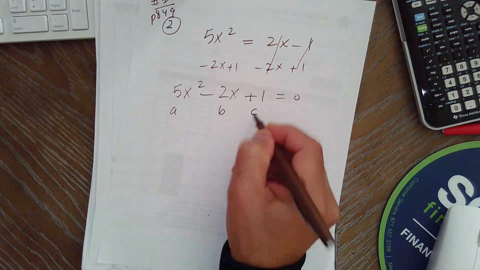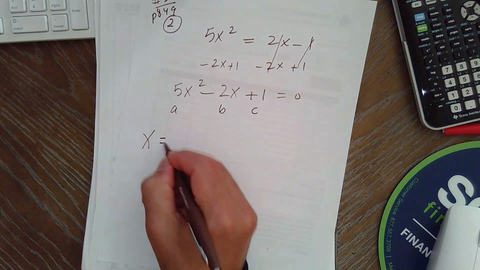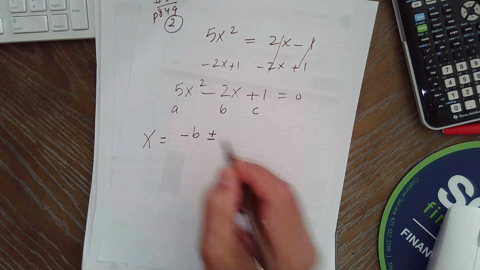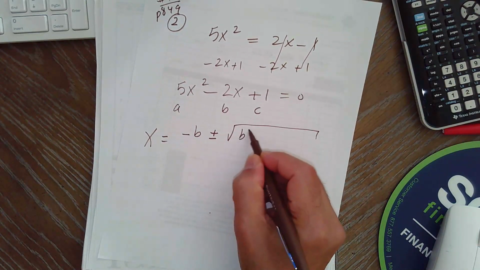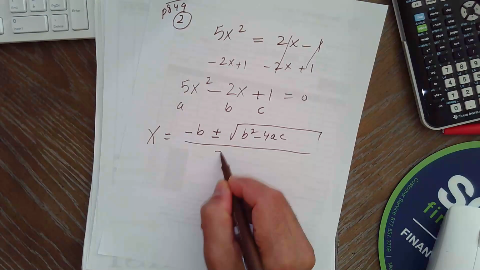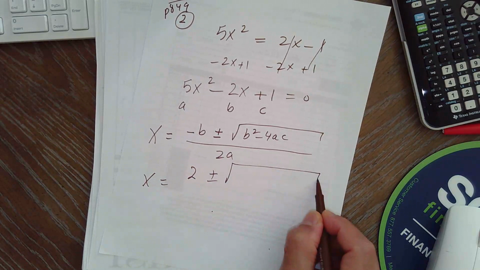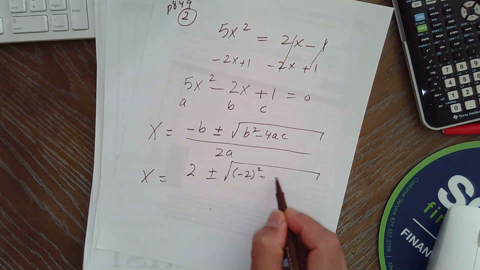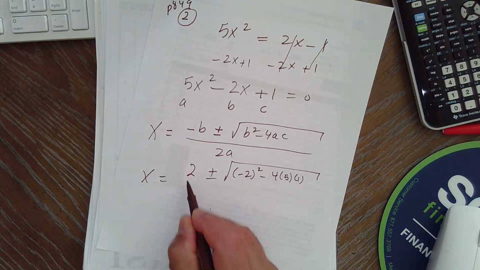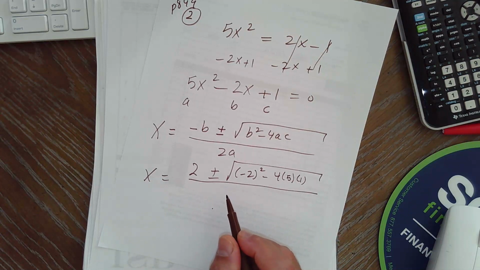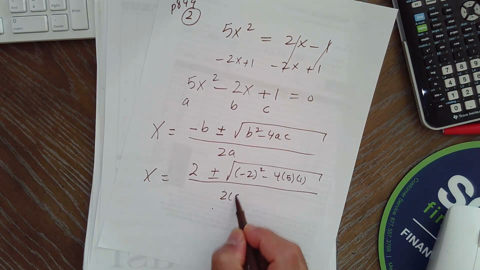A, B, C. x equals the opposite of b plus or minus the square root of the discriminant, all over 2a. Opposite of negative 2 is 2 plus or minus the square root of negative 2 squared minus 4 times 5 times 1, all over 2 times 5.